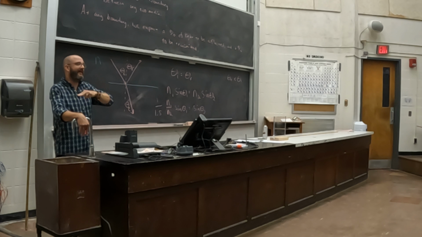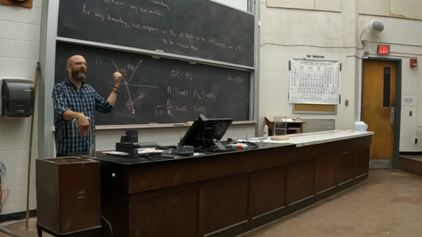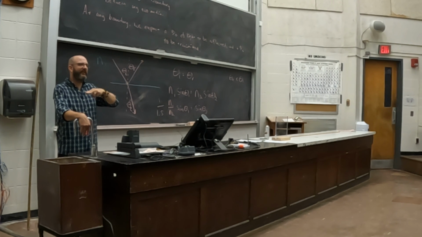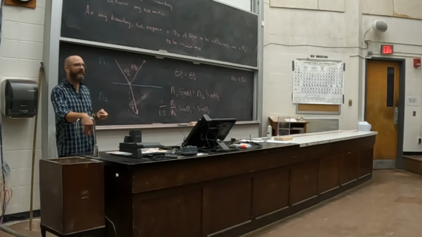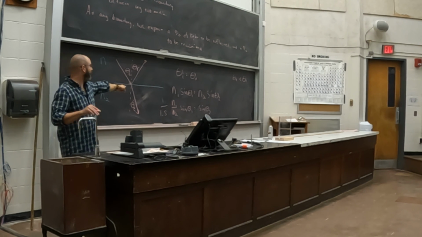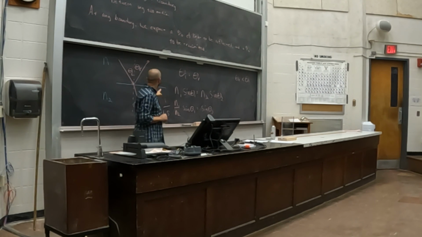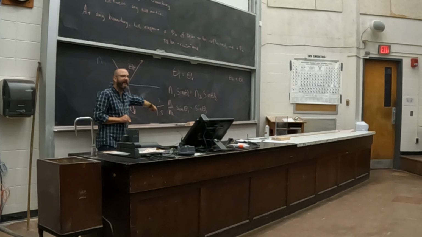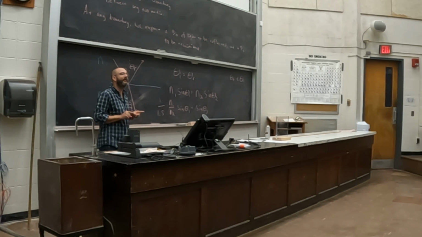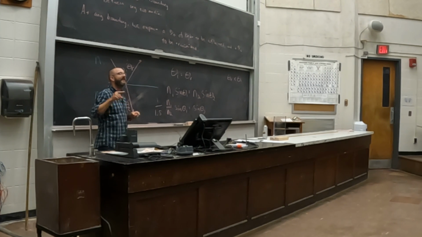It goes up as the angle increases. Cosine goes the other way, but as sine goes up, the angle increases. So if the sine of this one is less than the sine of this one, which is what this math tells us, it tells us that angle is smaller. It tells us we bent towards the normal.